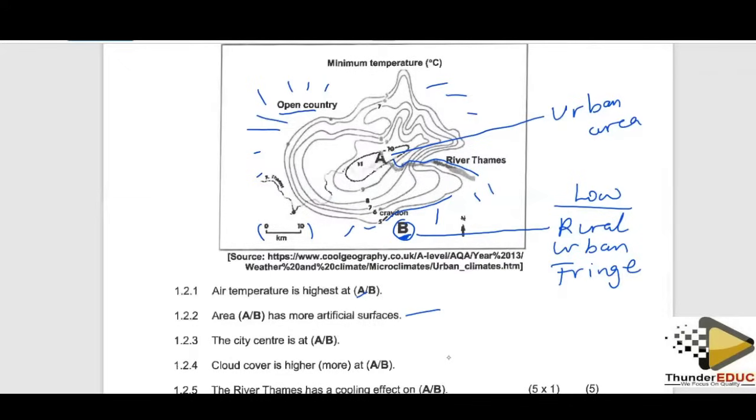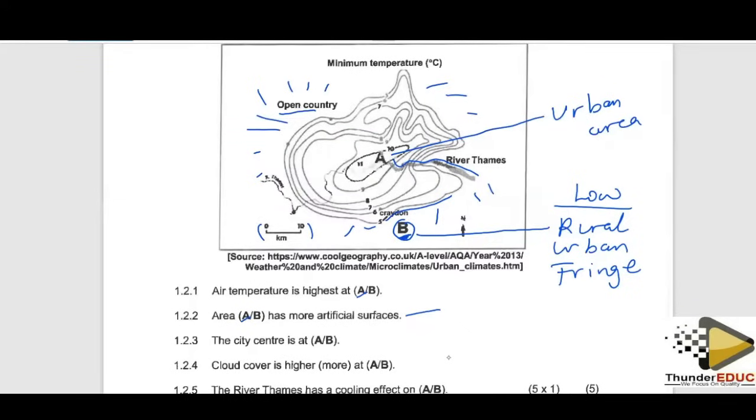So when they say A or B, which one has more artificial surfaces? Definitely it has to be point A, which is the urban area, because if we compare the urban area and the urban fringes, yes, even the urban fringes or the open country have artificial surfaces, but they are less as compared to the urban areas. That is why we are going to consider point A as having more artificial surfaces.